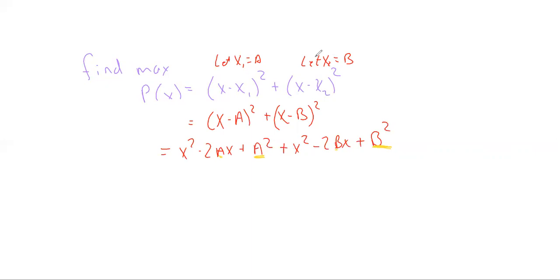Okay, so we're going to put everything together. You've got x squared plus x squared is 2x squared. The ones with x's, you've got minus 2ax minus 2bx, plus a squared plus b squared.